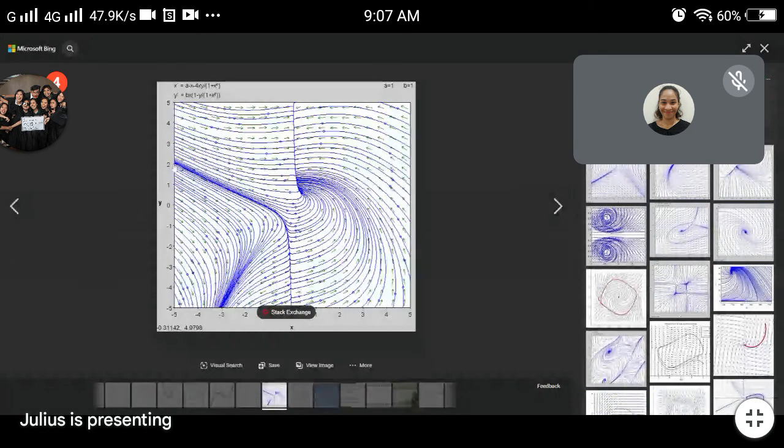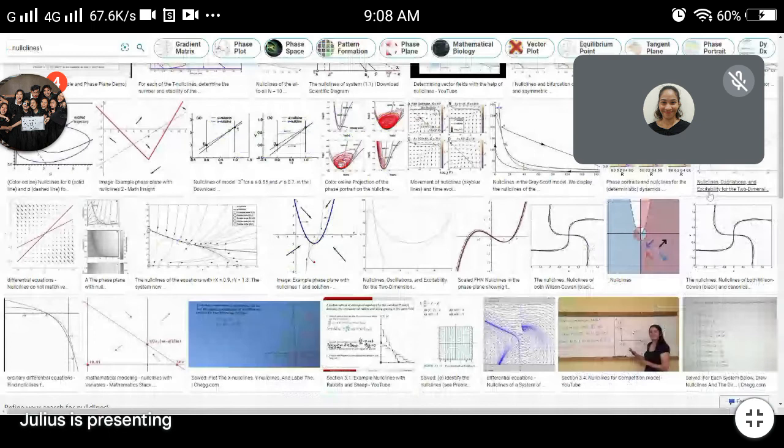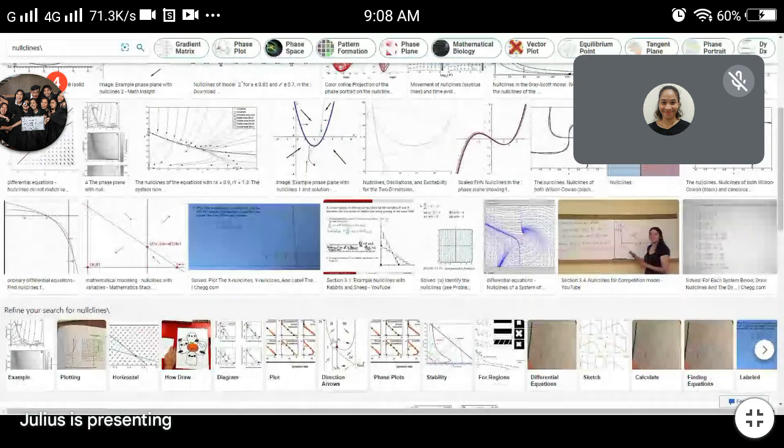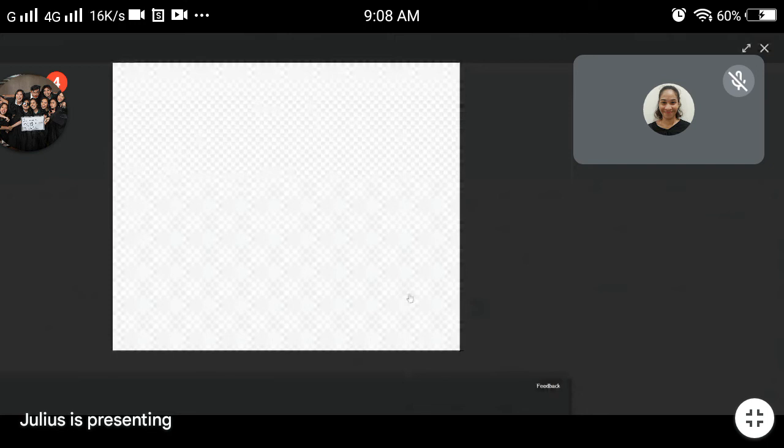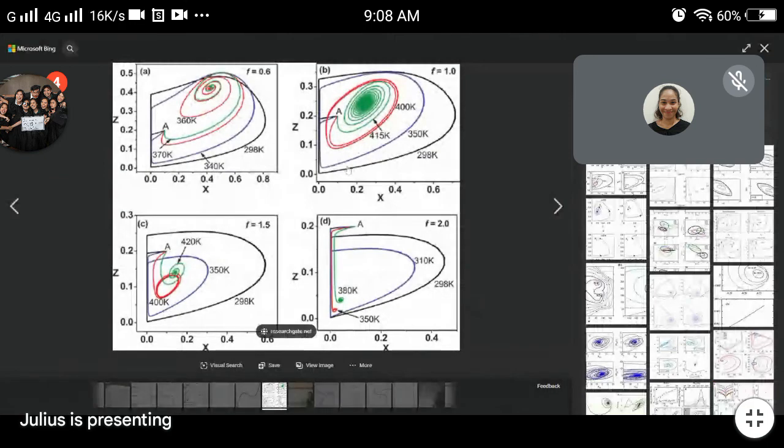It is nice if you can program it, enter it in MATLAB or Mathematica, so you can see the behavior of the system using null lines. Here the blue and the black are the null lines. So there is a steady state here and then the behavior of the solution.